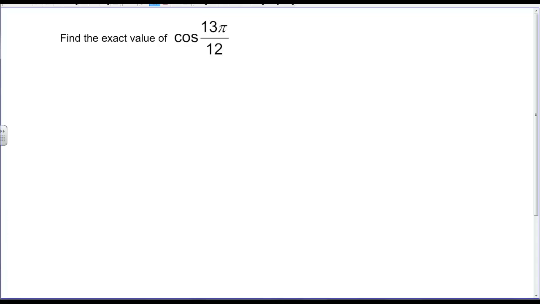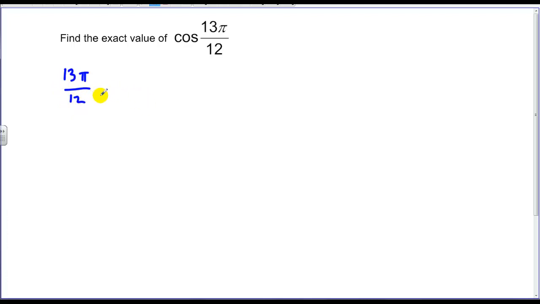So in this case, I have the cosine of 13 pi over 12, which we have no idea where that is. And probably, until you're used to seeing a lot of these, it might be easier to actually convert these to degrees. So if I wanted to convert 13 pi over 12 to degrees, which I normally wouldn't do, but adding radian values is a little bit more difficult.